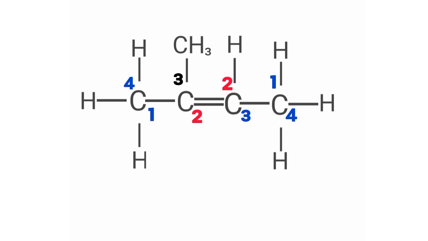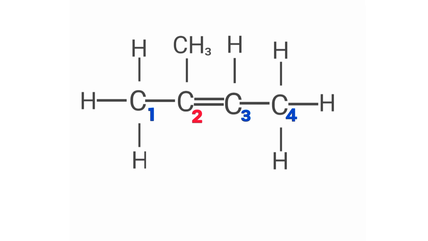So, in this case, where both numberings give us the same number for the double bond, we choose the numbering that will give the substituent the lowest possible number. And in this case, if we number from the left to the right, the substituent will have a lower number. 2 is lesser than 3, so numbering from the left to the right will give the substituent the lowest possible number. So we number from the left to the right.